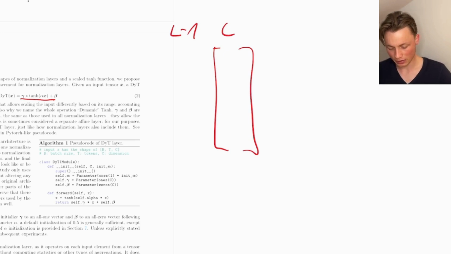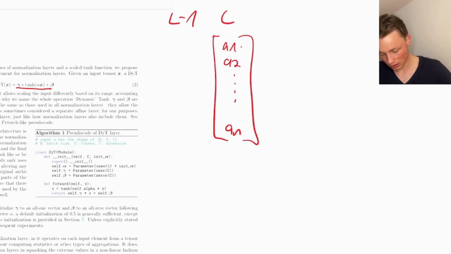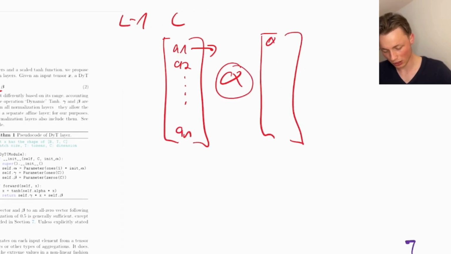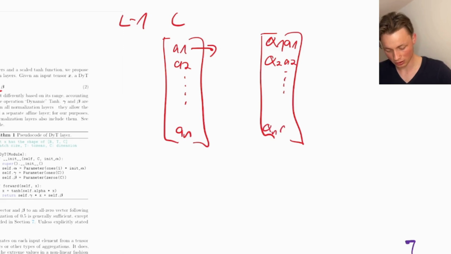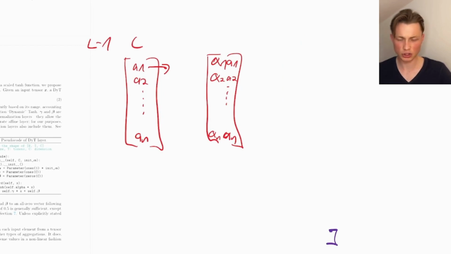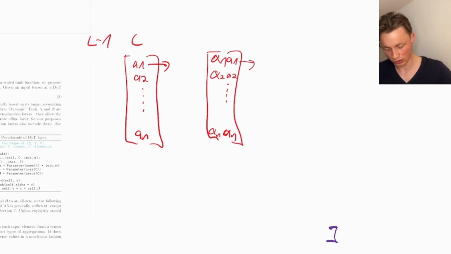And now we have activation 1, activation 2, up to activation n, and now we take all those values and multiply them by this alpha. So we have alpha times A1, alpha times A2, and so on, up to alpha times AN. So we have our scaled activations.